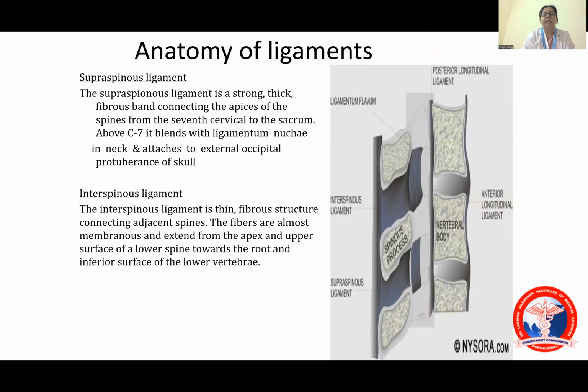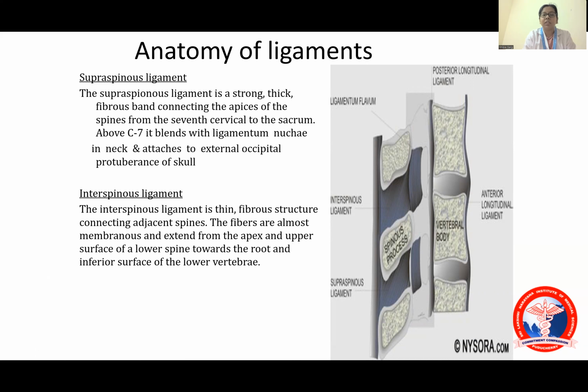Some anatomy of ligaments. There are 3 major ligaments in spinal cord: supraspinous, interspinous, and ligamentum flavum. Supraspinous ligament is a strong, thick, fibrous band which connects the apices of the spines from 7th cervical to the sacrum. Above C7, what happens? It blends with ligamentum nuchae in neck and attaches to external occipital protuberance of the skull.